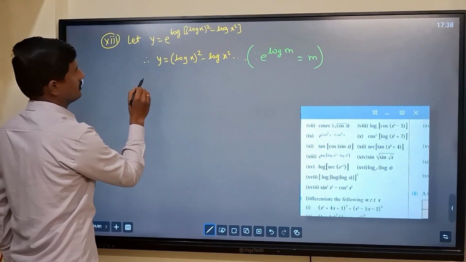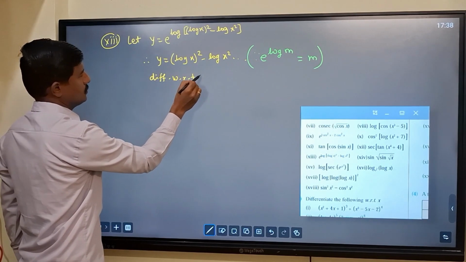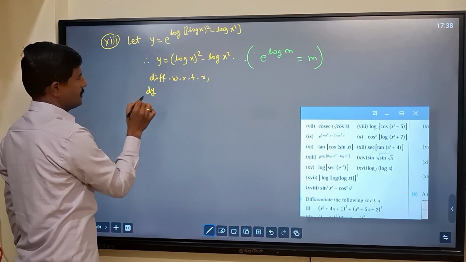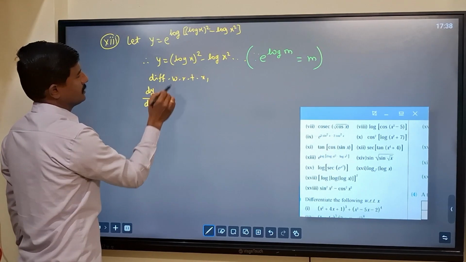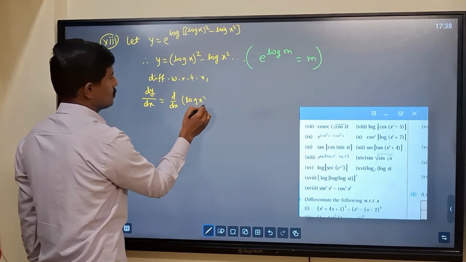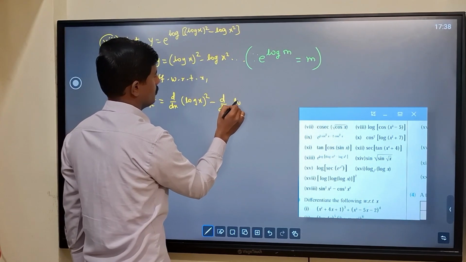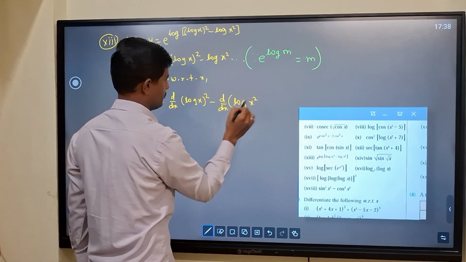Now therefore, differentiate with respect to x. dy by dx is d dx of log of x whole square minus d dx of log of x square.